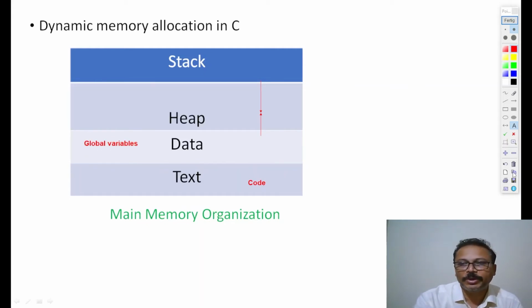Now the heap part is for dynamic memory allocation. So whenever you are trying to allocate the memory dynamically, it will be allocated in the heap part.